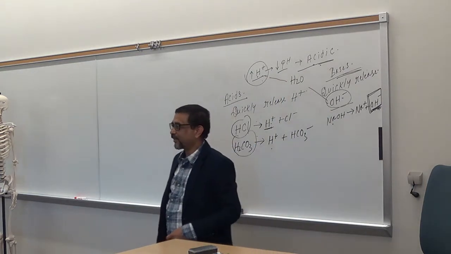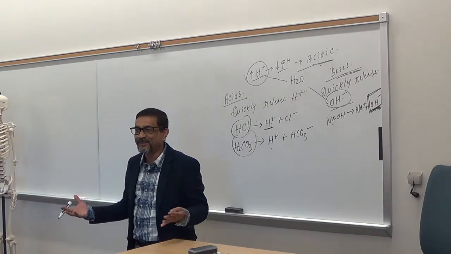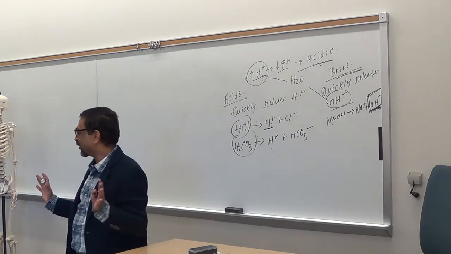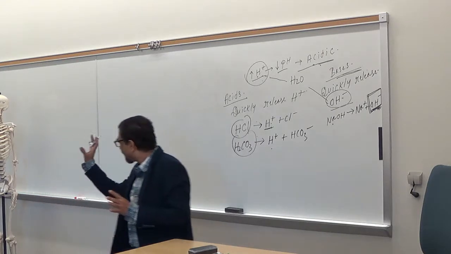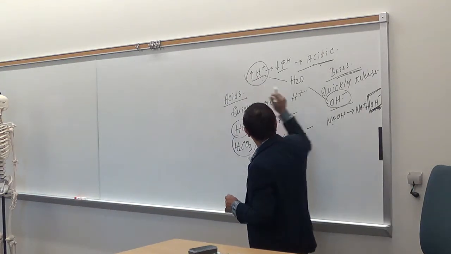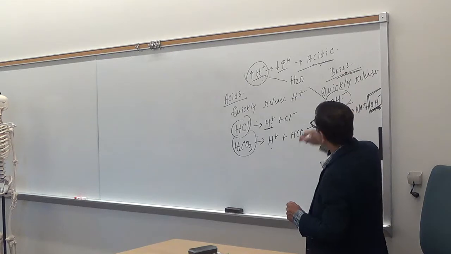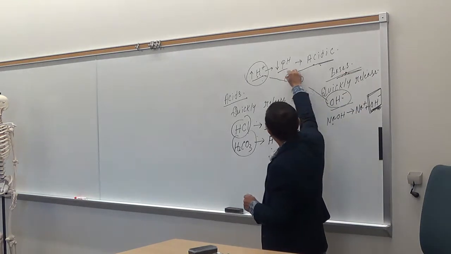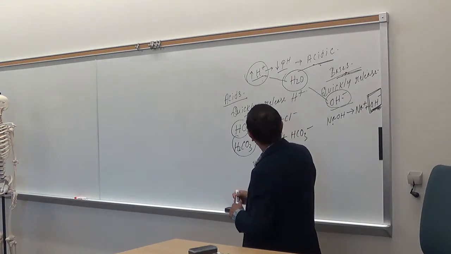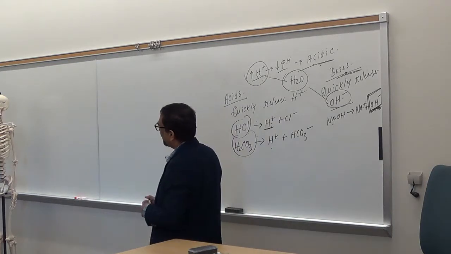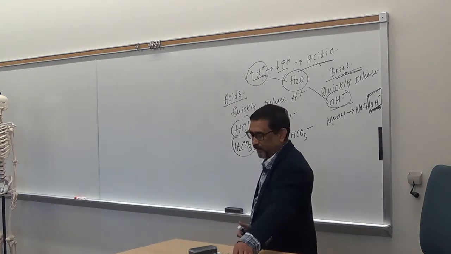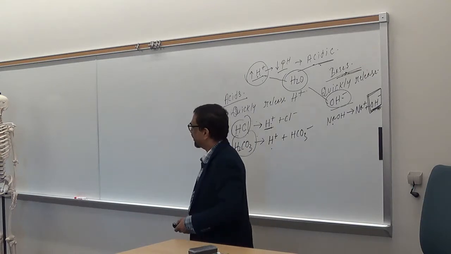Water. Make sense? And once you get water, it is neutral, right? It is not harmful. So that excess hydrogen ion should be quickly removed by bases from your body. And how? By producing water. Okay? Water is neutral. So that's the function of bases.